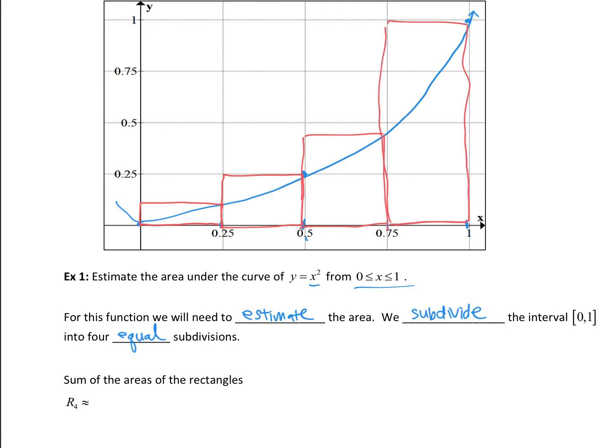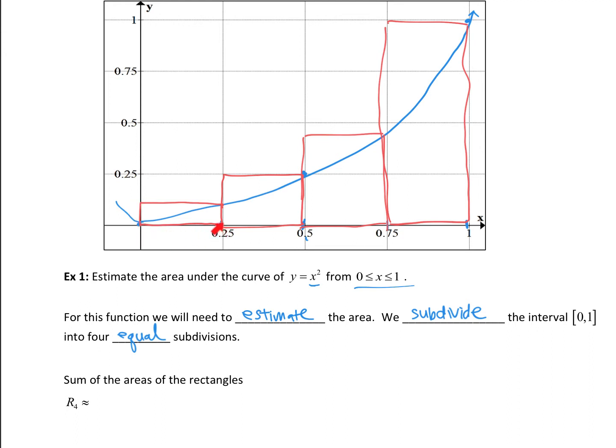So I'm going to calculate the area of this rectangle, this rectangle, this rectangle, this rectangle. It's not going to be exactly the area I was looking for under the blue line, but that's going to be my estimate. So how do I calculate the area of each rectangle? That's not too bad. The length is 0.25 for the first one. Height, how do I know the height?